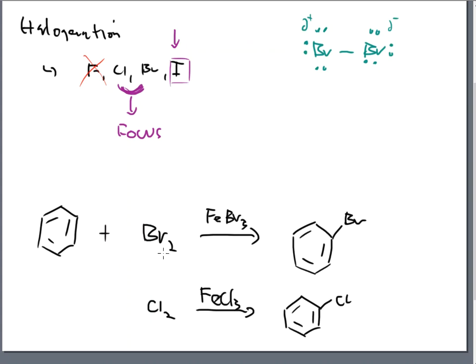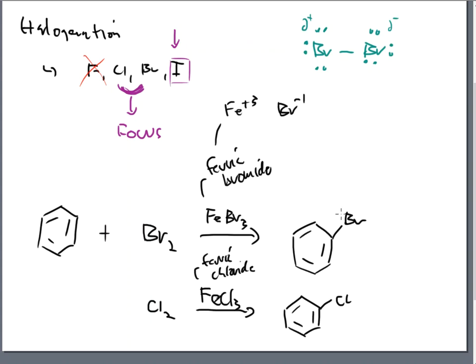The FeBr3, this is probably termed ferric bromide and ferric chloride. A little bit of general chemistry review. Ferric and ferrous. Ferric is Fe plus 3, and bromine is a -1 charge.